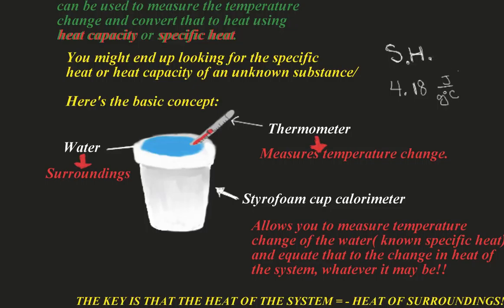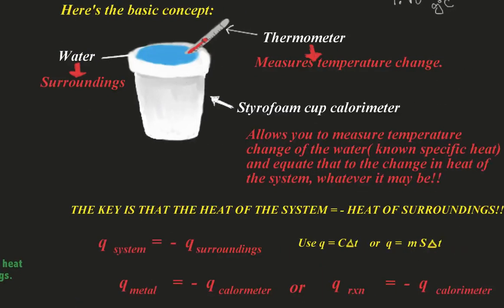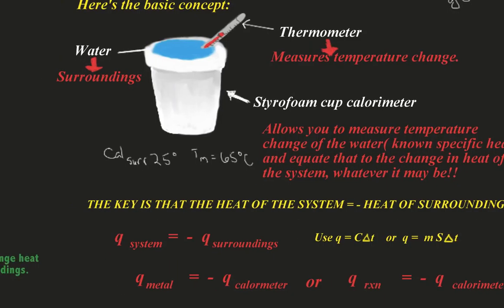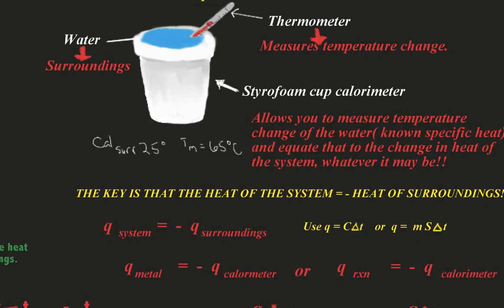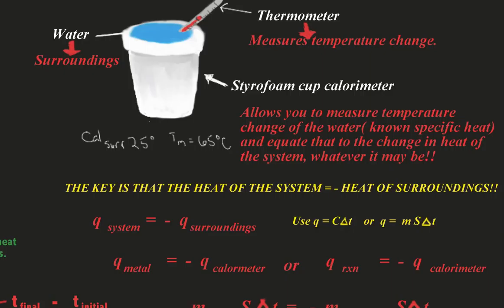So let's say you have an unknown metal solid and you know the temperature of the water in the cup is initially 25 degrees Celsius, and this would be the calorimeter or the surroundings. And you know that the metal block has a temperature of 65 degrees Celsius. You want to know what the heat capacity is of this metal so you can identify it, because you have a table with all the different metals and their heat capacities.